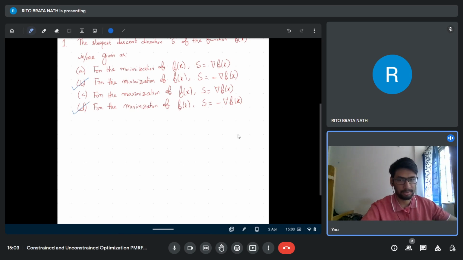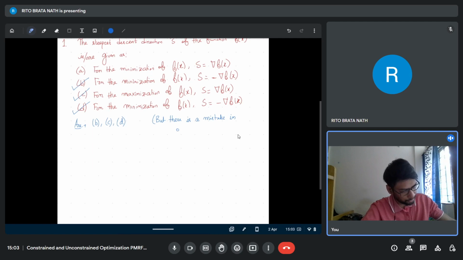And for the maximization problem, the direction will be exactly opposite, so option C is also correct. So the answer here is B, C, and D. But there is a mistake in option D, so it was supposed to be something different.